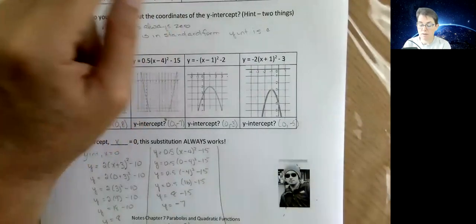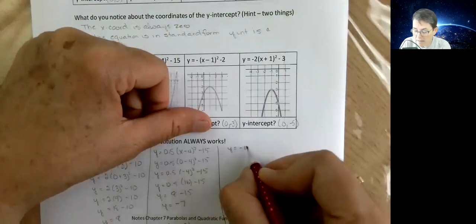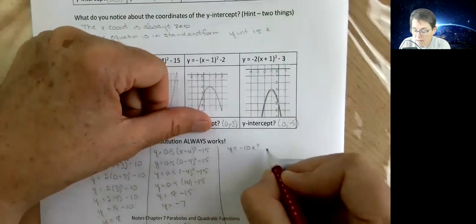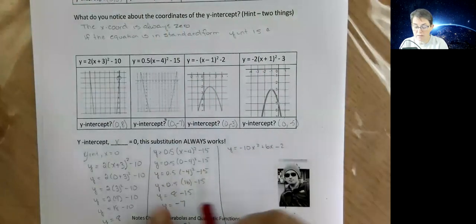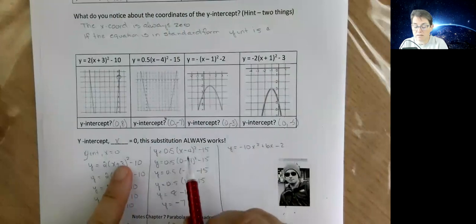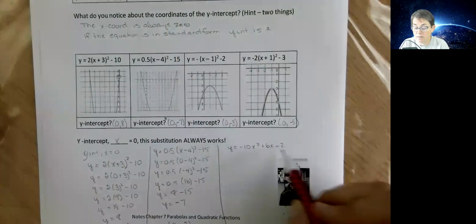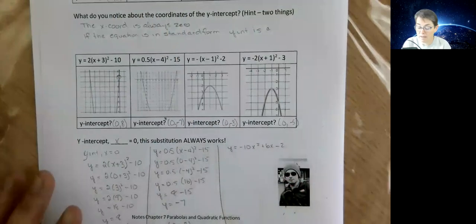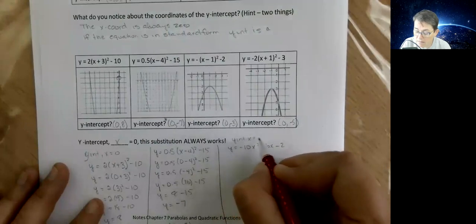I'm just going to bring one of the equations from up here. So y is equal to minus 10x squared plus 6x minus 2. This is not in the vertex graphing form, this is in our standard form. You know right away the answer, but let me show you. This is the cool part. Y-intercept, x equals 0.